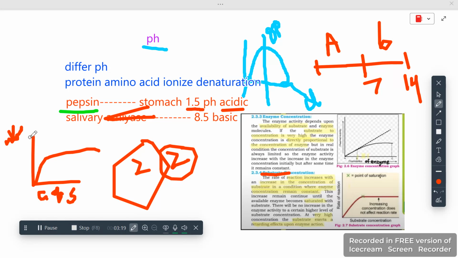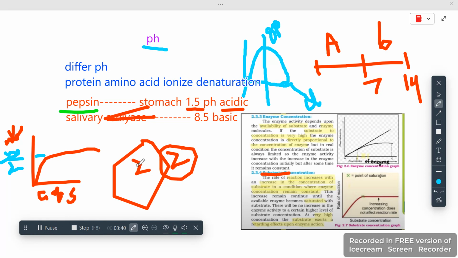But what if you need the activity only up to this one part? Let me change color. If they need only this much activity, what will we do then? We will divide the maximum into 2, so we can get the concentration.